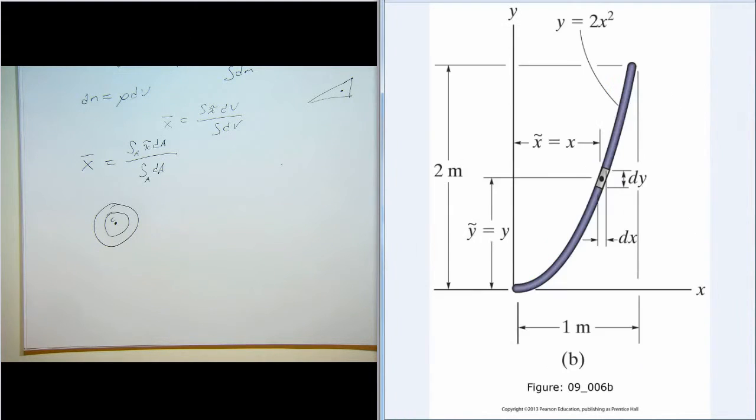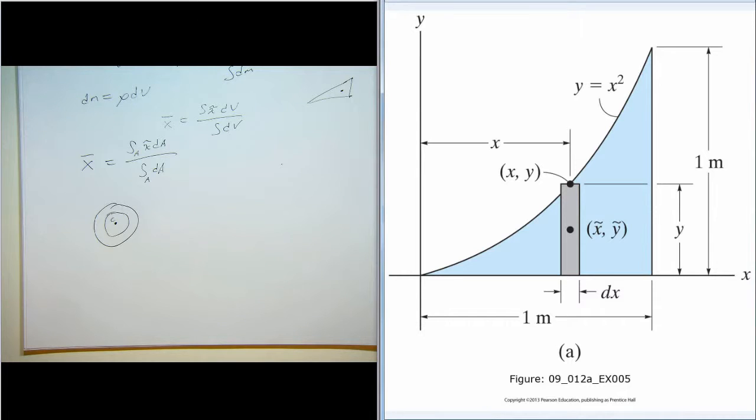So here's an example. We have this area, and it's bounded by the x-axis, x equals 1, and then this curve y equals x squared. And we want to find the location of the centroid, x bar and y bar.